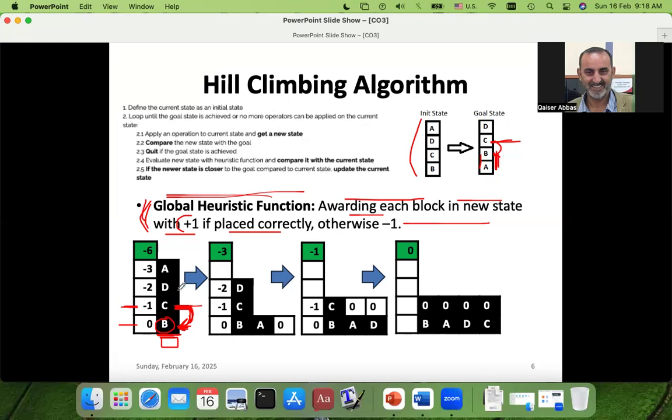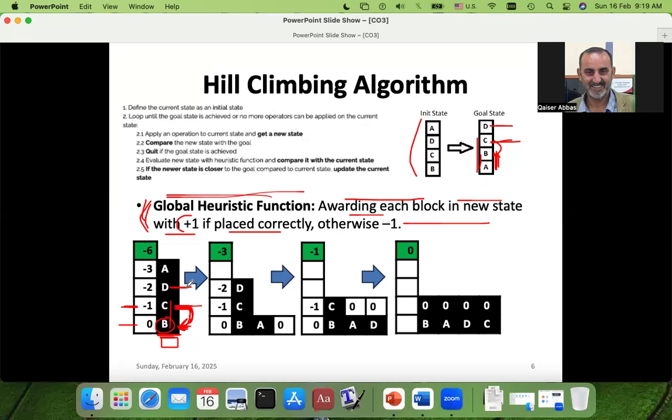Clear? Now think about D. D has its position at height number 4 in the goal, which has 3 blocks under it. But here D has 2 blocks under it, so D is at number 3. What is the difference?